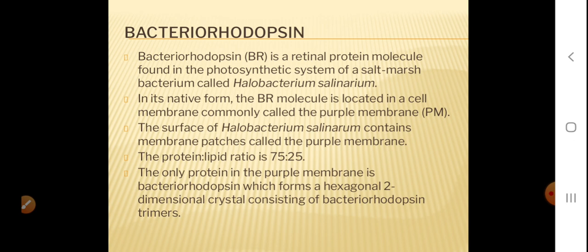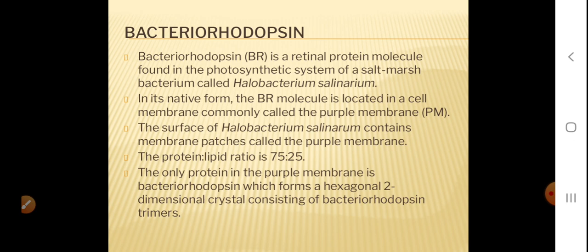This purple membrane is made up of proteins and lipids, and we find that the ratio of proteins is about 75% and lipid is about 25%. The predominant protein found in this purple membrane is bacteriorhodopsin, and it is found as a two-dimensional crystal.